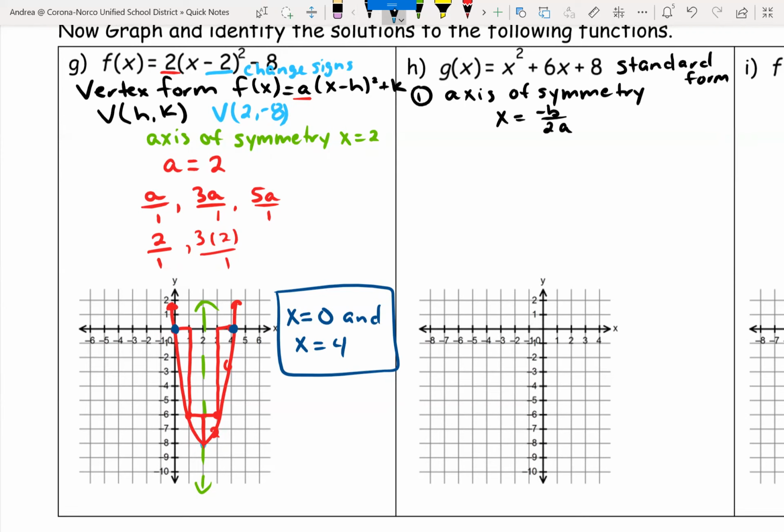Okay, so this is the a value. This is the b value. And the c value is the number by itself. We plug in the a, b, and c into the formula.